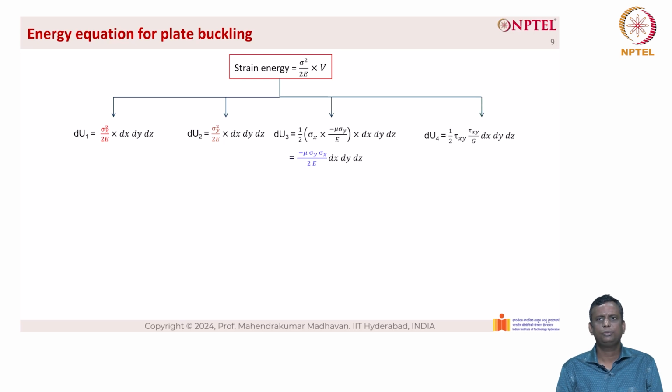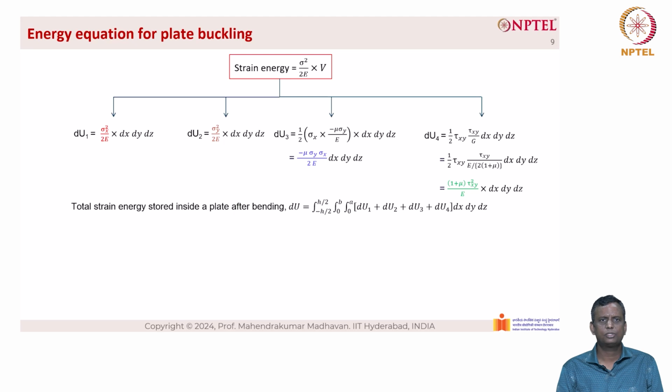Now the strain energy due to shear is given as dU4 equal to 1 by 2 into tau xy into tau xy by G, and this G can be written as E by 2 into 1 plus mu. So when we substitute and reduce this equation, we get 2 into 1 plus mu into tau xy square divided by E into dx, dy, dz.